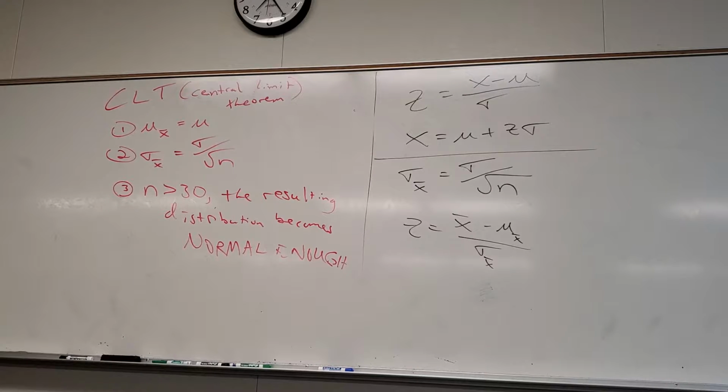And we did that example of picking numbers out of a hat. Because that started off so nice already, I only had to take samples of 2, and it already looked more normal on that sheet that I gave out. So this greater than 30 is really just in case the beginning distribution is disgusting. It's going to take more than 30 to kind of smooth that out.